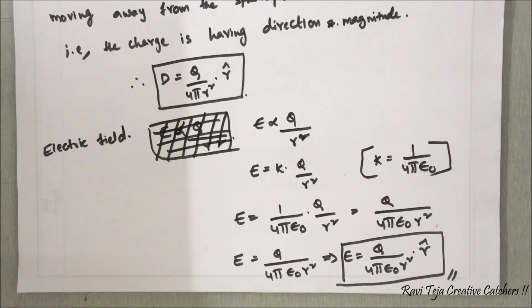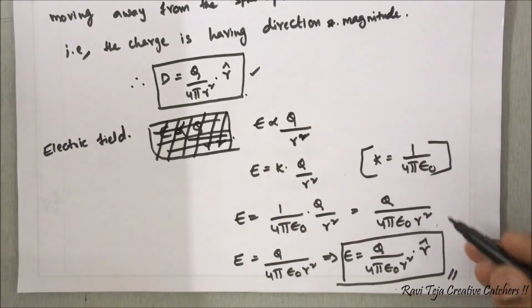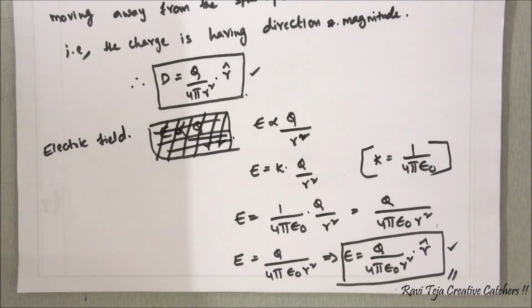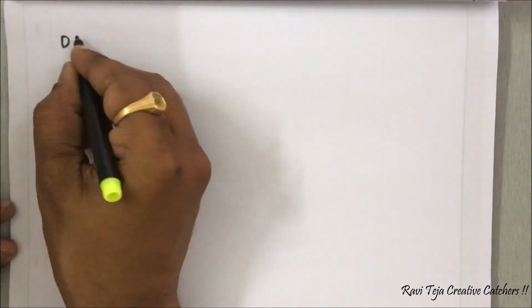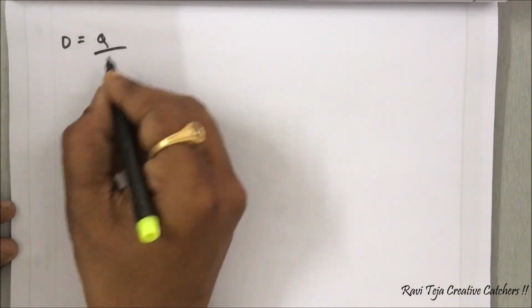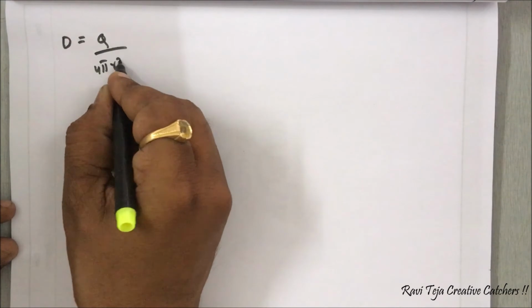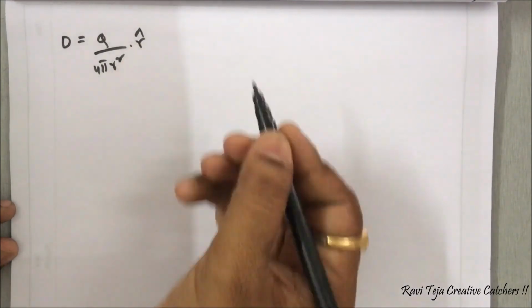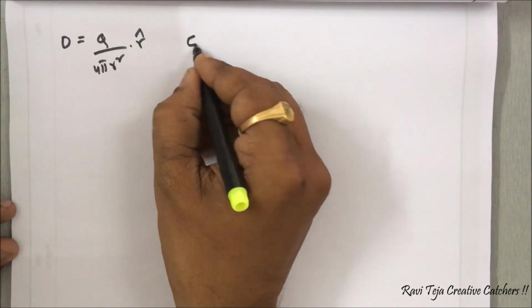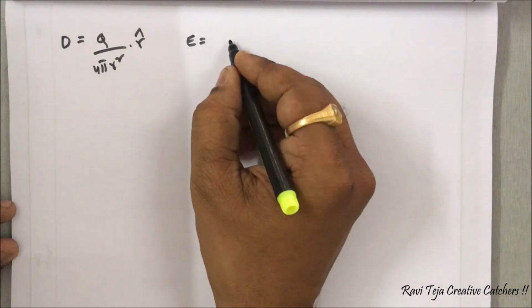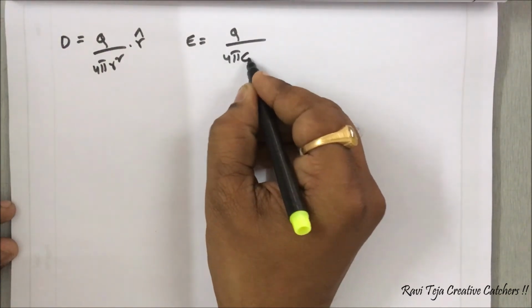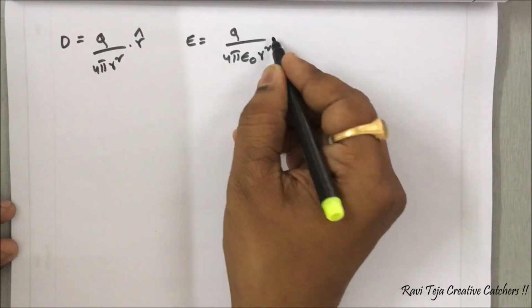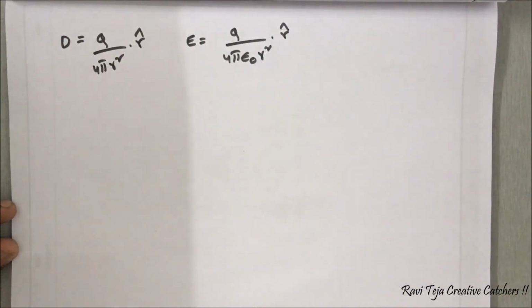Okay. Now let's consider this E and D. What is D? D is equal to Q by 4 pi r square into r cap, right? Okay. And what is E? E is equal to Q by 4 pi epsilon naught r square into r cap.